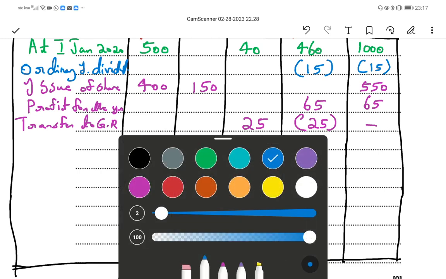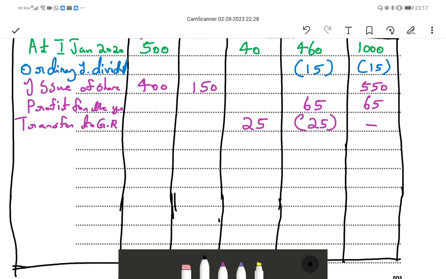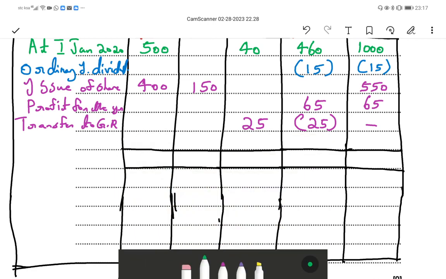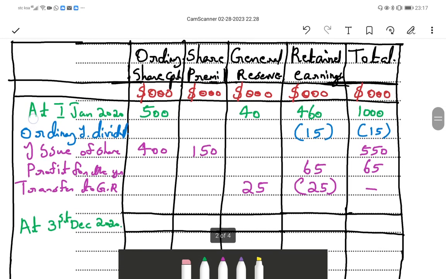So total at 31st December 2020, or closing capital balance at 31st December 2020. So make the total of each column.